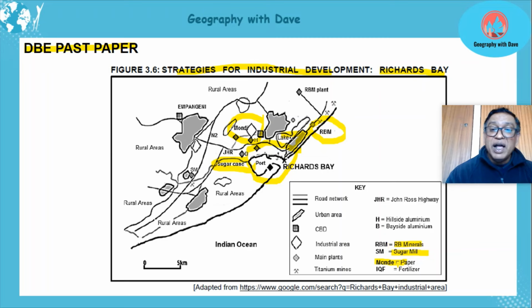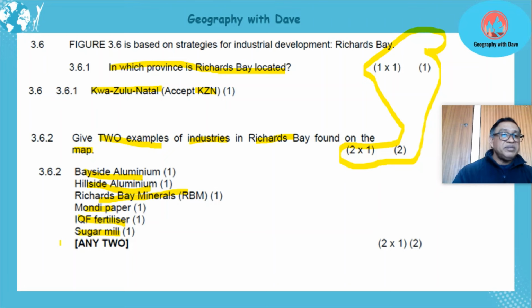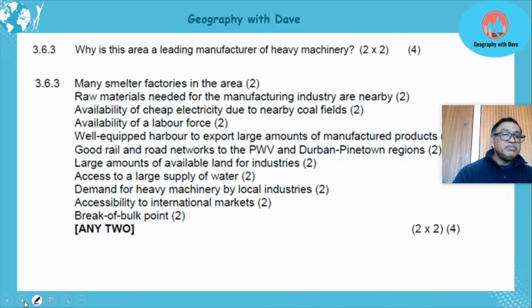Mondi Paper, Hillside Aluminium, Bayside Aluminium. It's there. So far, learners, what has happened? I've got the 3 marks available already. Let's go on.